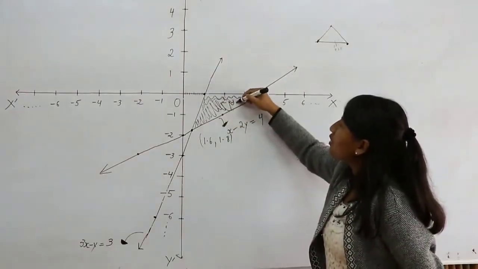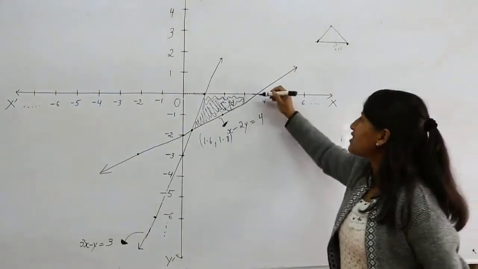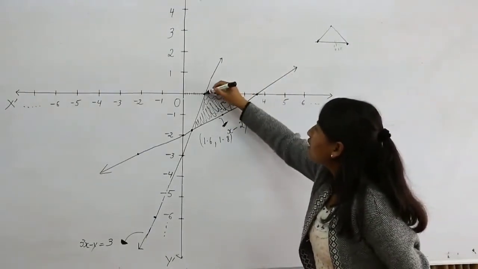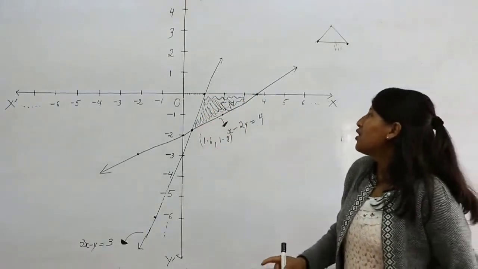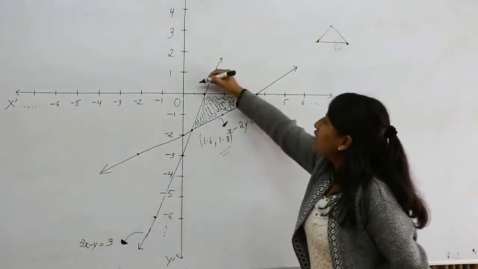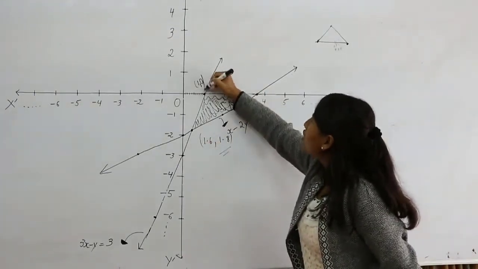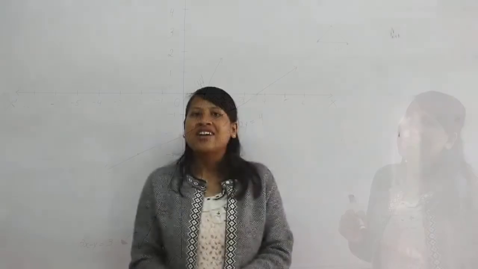So you shade this one. And what are the vertices? This one and this one. So this one is the value itself. Then this one is 1, 0. This one you can make out from the graph.